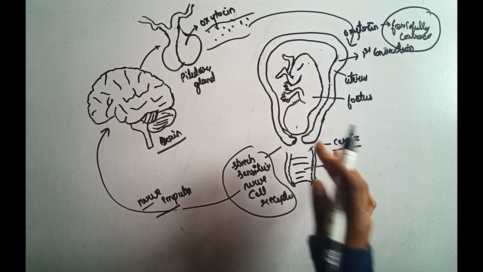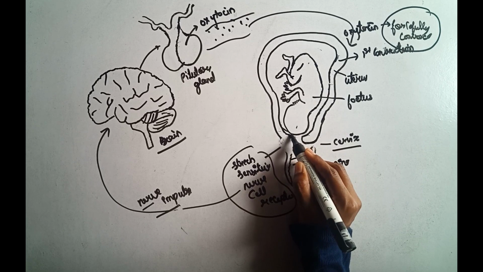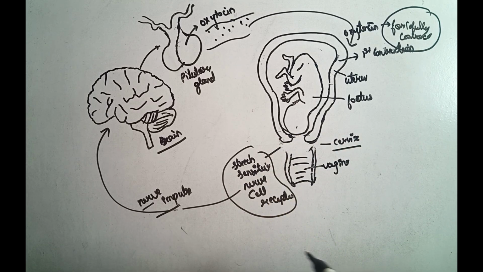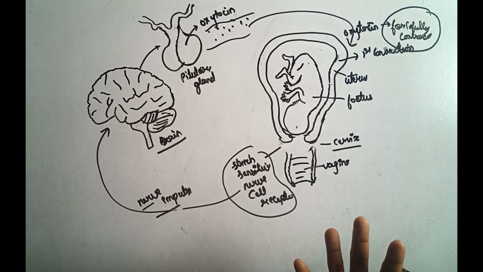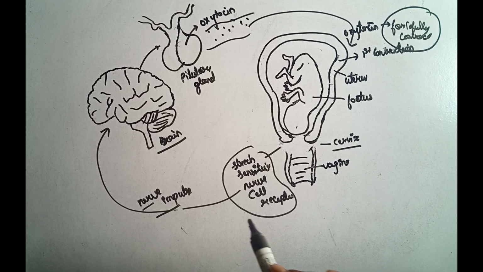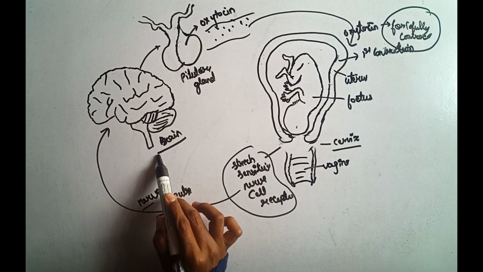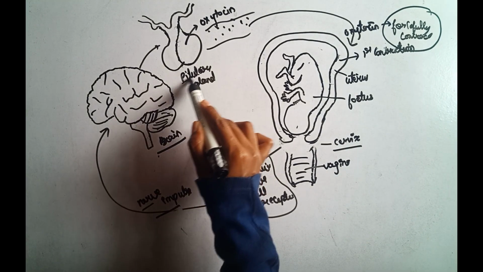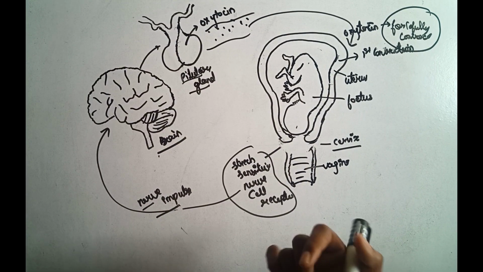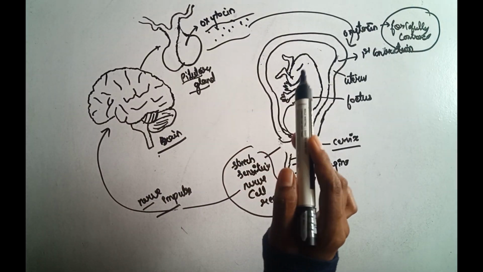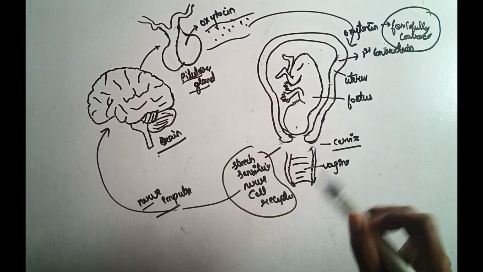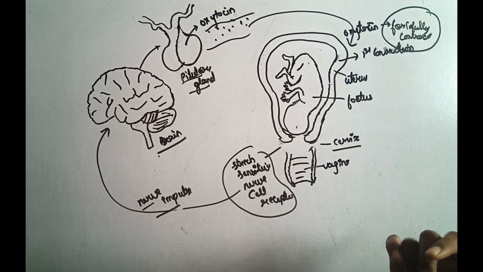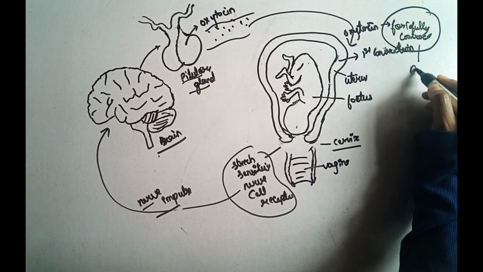So again the cervix is more stretched. Again the stretch-sensitive nerve cell receptors send this stretching information to the brain, and then again the brain sends the information to the pituitary gland to release more and more oxytocin into the blood, and then oxytocin goes toward the uterus, and again there is forceful contraction in the muscles.